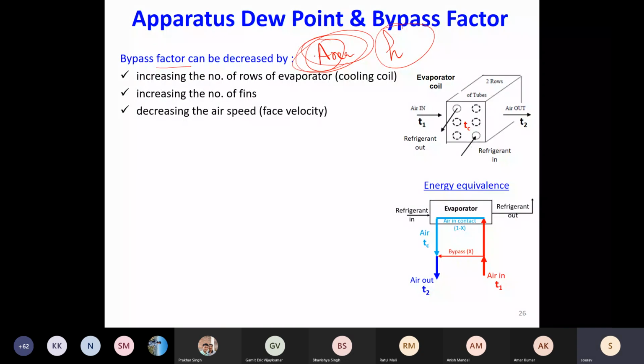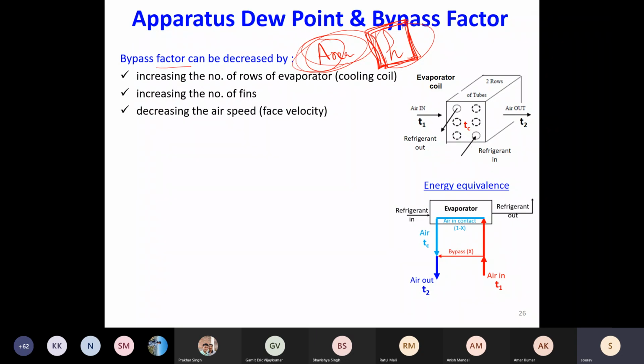How do you increase the heat transfer coefficient? If I increase the heat transfer coefficient, does it improve the effectiveness of the heat exchanger? As I just told, if I increase the heat transfer coefficient, it should increase the effectiveness of the heat transfer process.